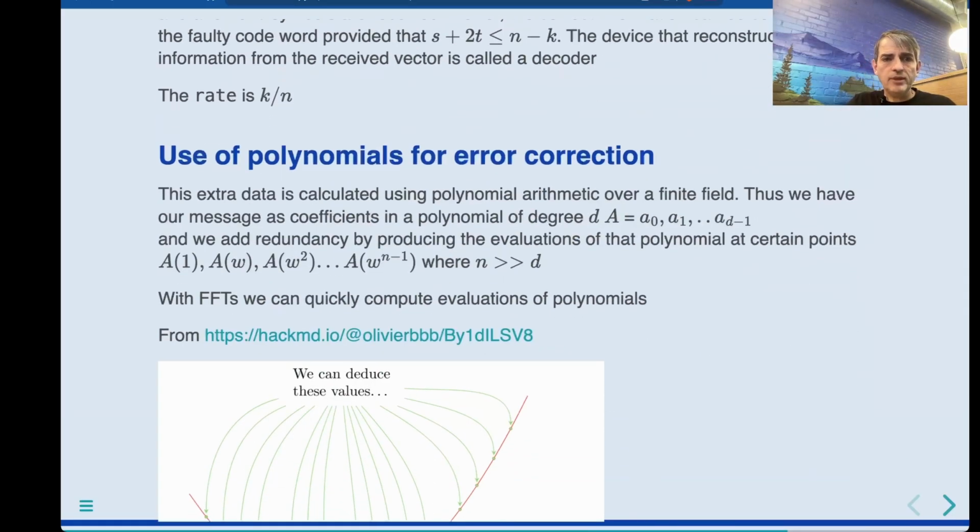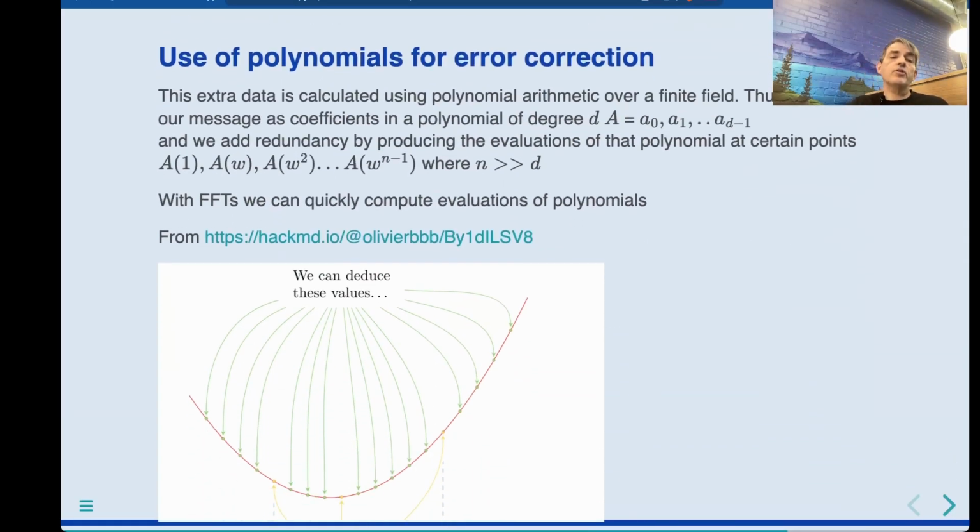Now, the way that we can construct these is using polynomials. Polynomials are a great general purpose mathematical structure. The way that we can create a way of doing error correction is by representing our message as coefficients in a polynomial. We can then add redundancy by evaluating that polynomial at many points.